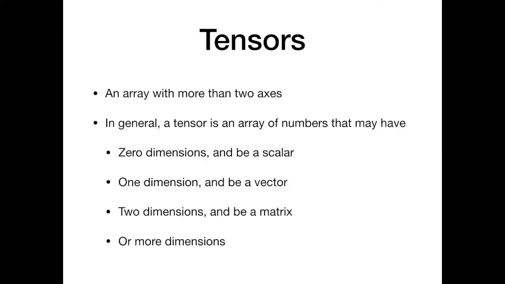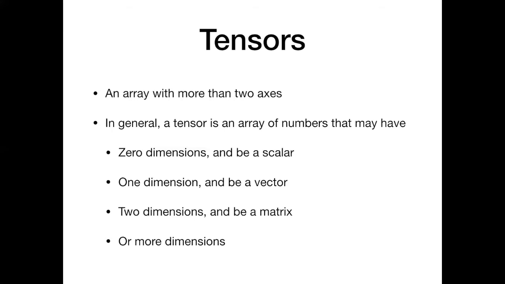Tensors represent arrays with more than 2 axes. But in general, a tensor can also be regarded as an abstract concept, and in this way, a vector and a matrix are just special cases of tensors. If the tensor is one-dimensional, it becomes a vector.